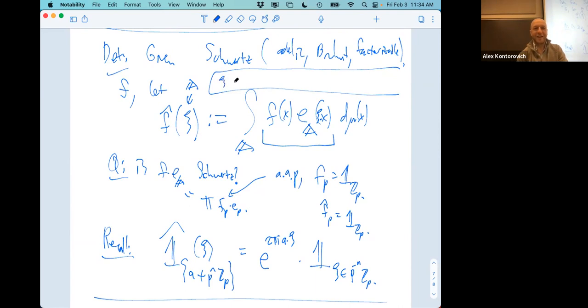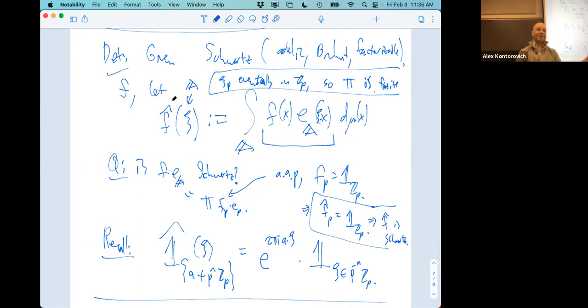So Xi is eventually, CP is eventually in ZP. So this infinite product is finite. Okay, and by this calculation, this implies that f hat itself is Schwartz.